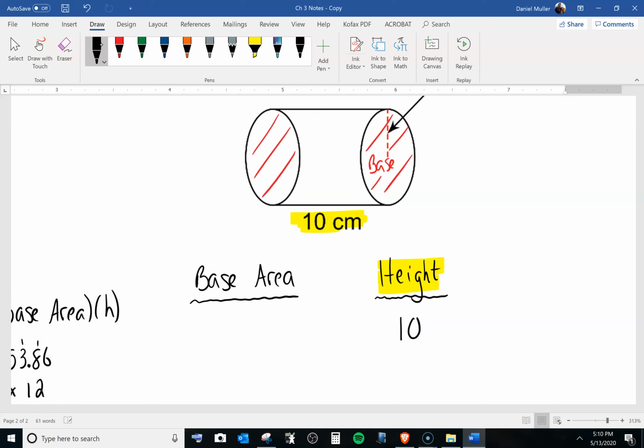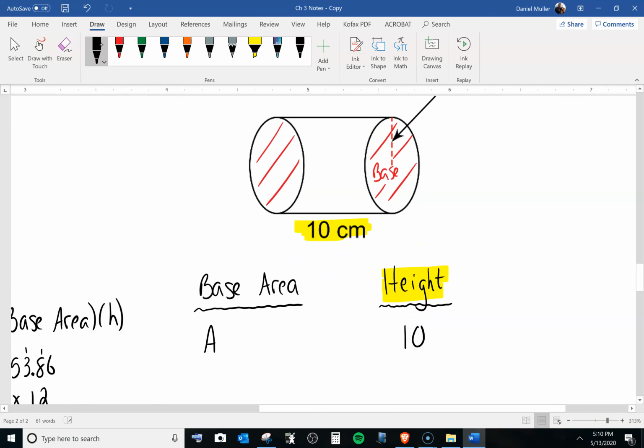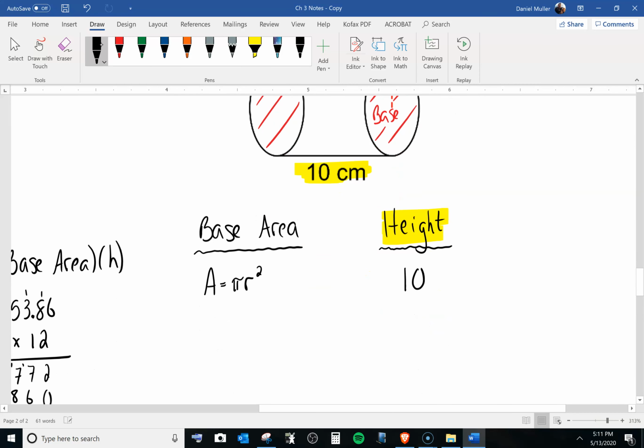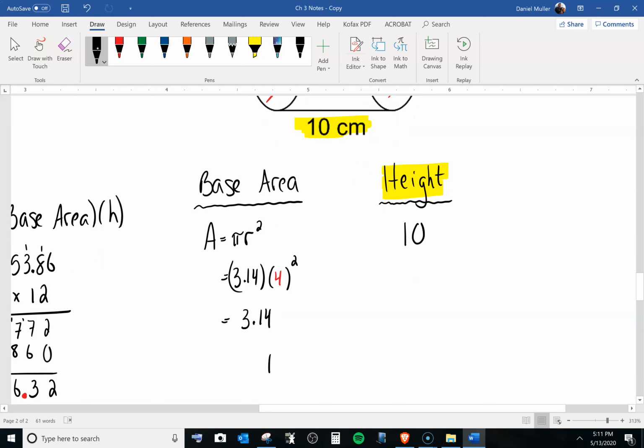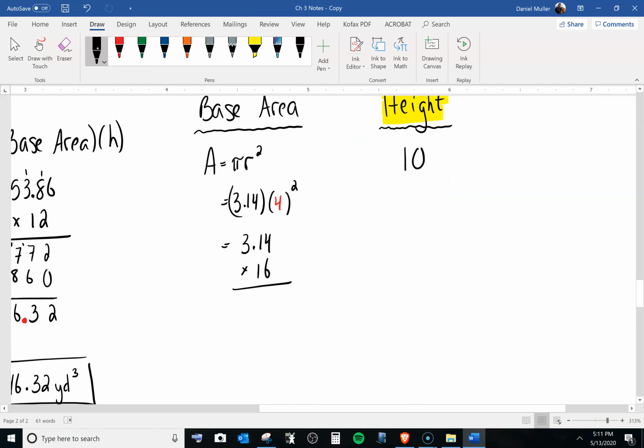And the area of the base is a circle, so it's going to be pi times the radius squared. What on earth is the radius? 4. Okay. So it's going to be 3.14, that's our pi, times the radius squared, which is 4. So I have 3.14 times 16. Now I'll do that vertically, so down here, times that by 16. 6 times 4 is 24, 6, 7, 8.